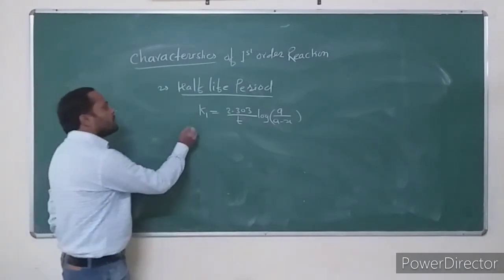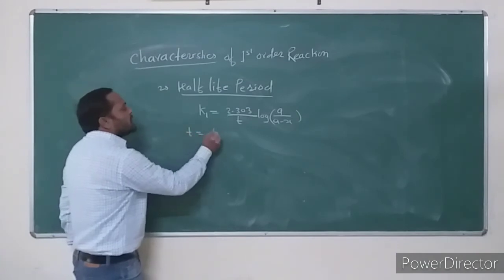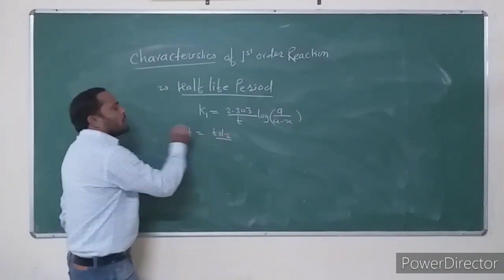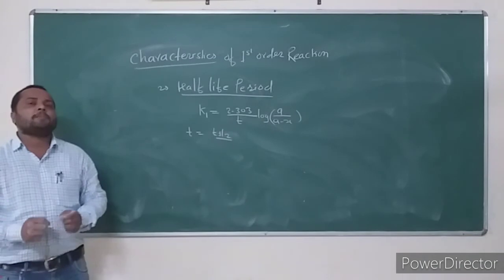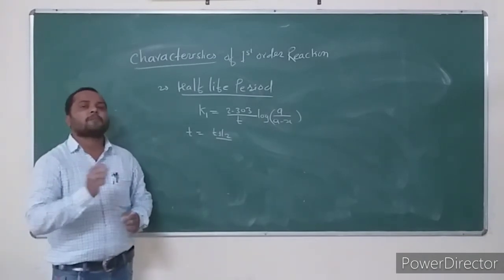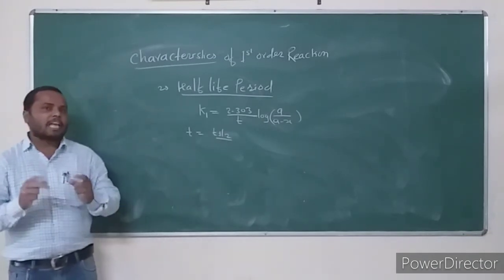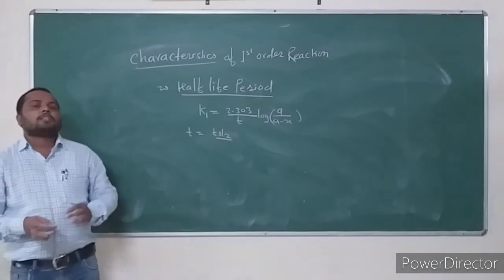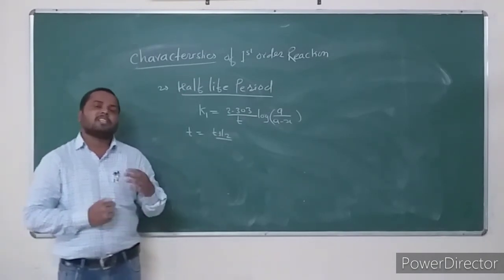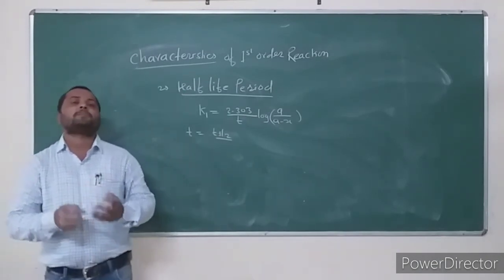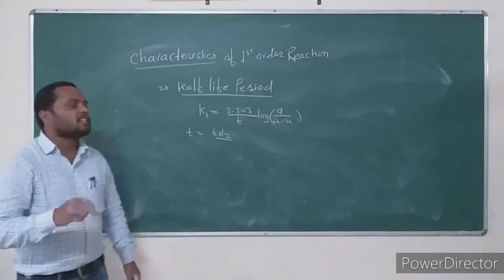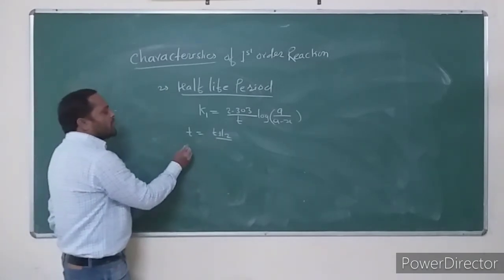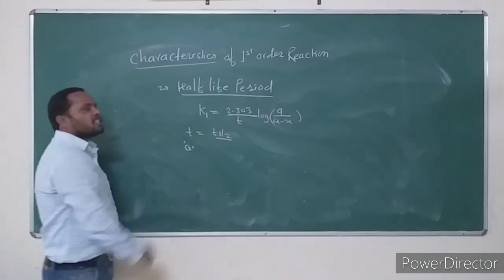The half-life period, t is equal to t half, means the time required for completion of 50% reaction, or the time at which 50% reactant is reacted and 50% of the initial reactant is unreacted. Consider a is the initial concentration.